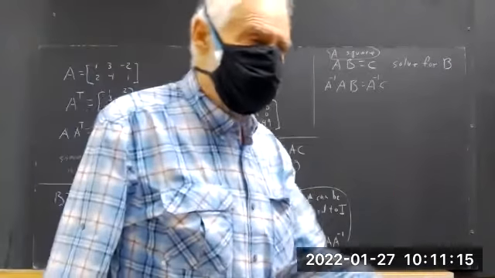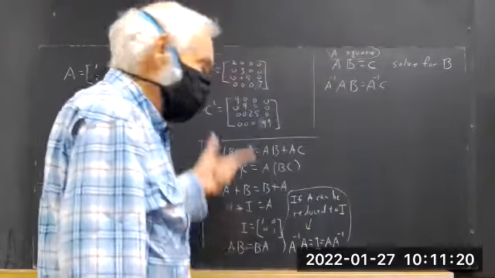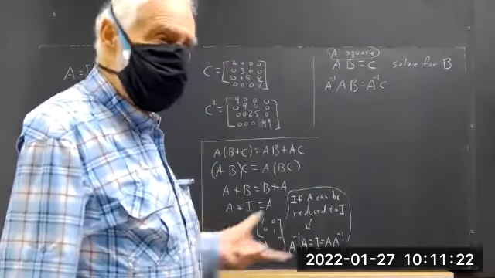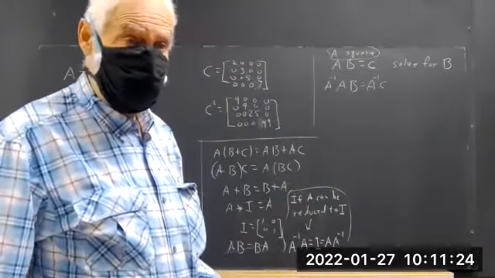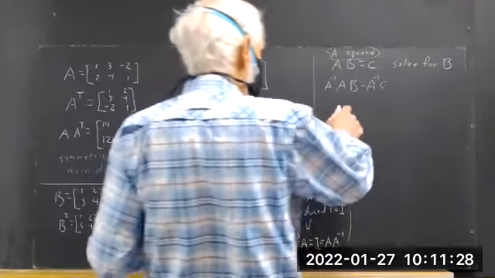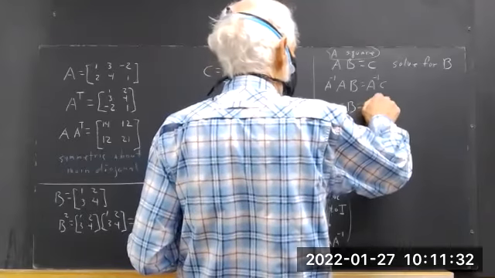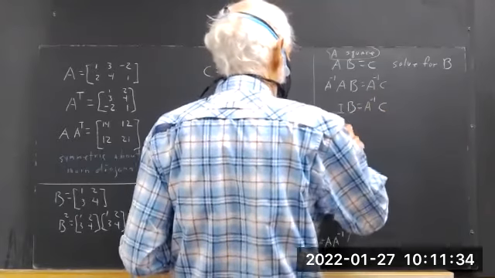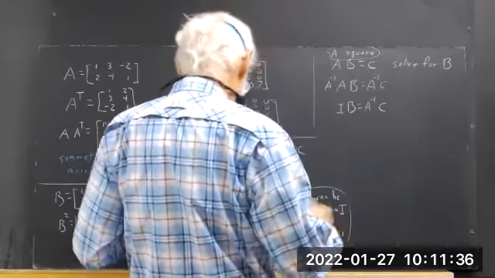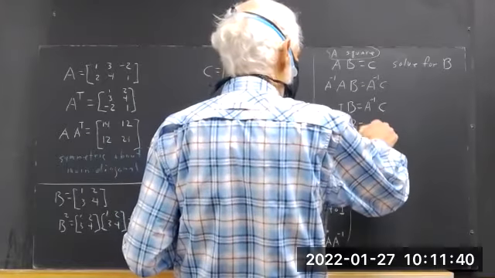There's no such thing as a reciprocal of a matrix. So there's another place where matrix algebra doesn't look exactly like algebra for numbers. So you get I times B equals A inverse times C. And the identity matrix times any matrix just gives you that matrix.